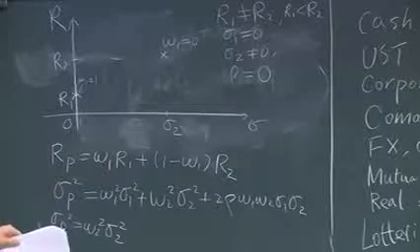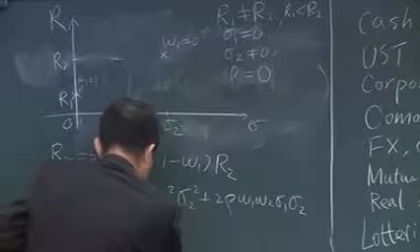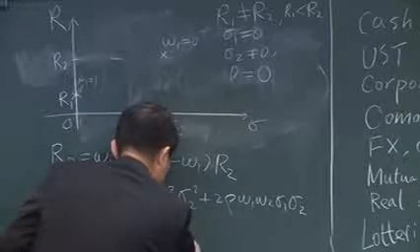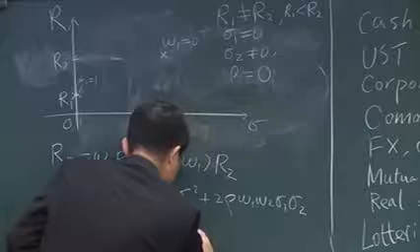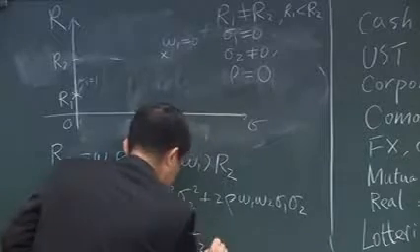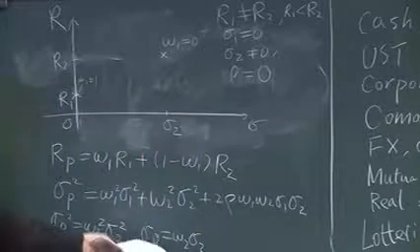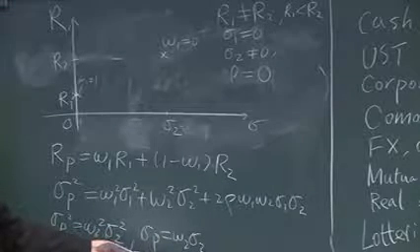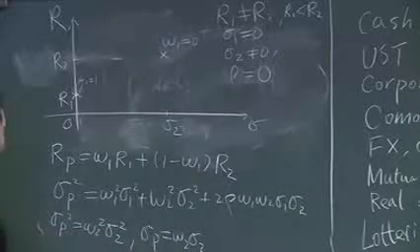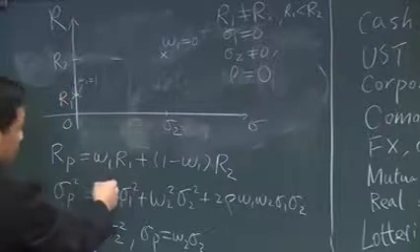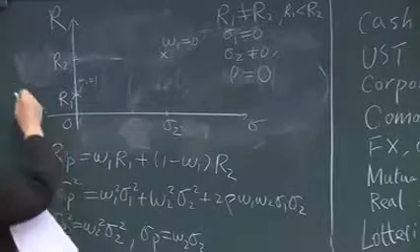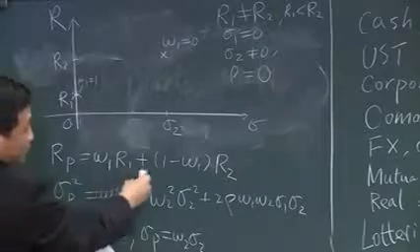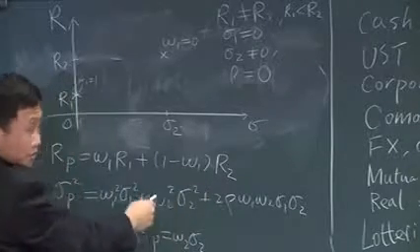And sigma p is essentially proportional to sigma 2 with the weighting. Okay. And what's R? R is a linear combination of R1 and R2.